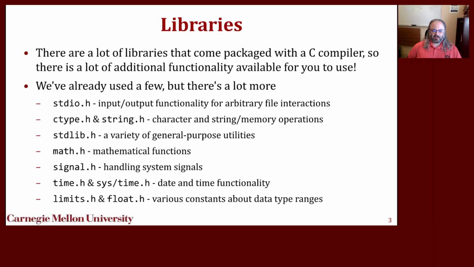For example, the limits library gives you things like the maximum 32-bit signed integer, minimum 32-bit signed integer, constants that are sometimes nice to have. And so there's an entire library of those constants that you can use in your programs by simply including this library. And there are a lot of other libraries. There are easily dozens of libraries included with a typical C compiler. GCC includes dozens of them on its own, in addition to things for other languages.